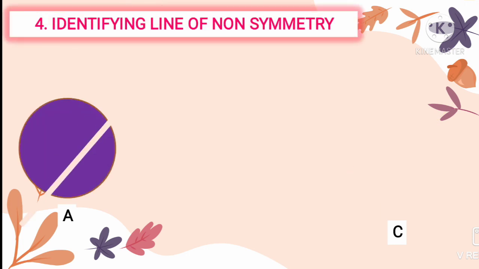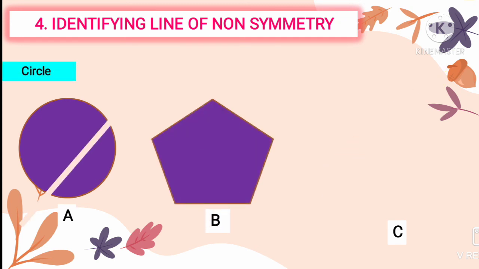Now, identifying line of non-symmetry. Look, if you put the line of symmetry here, it couldn't divide exactly, fit exactly. So this is what we call line of non-symmetry. Even though circle is supposed to be symmetrical. Look at hexagon.